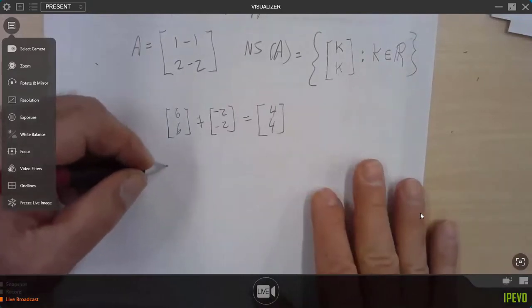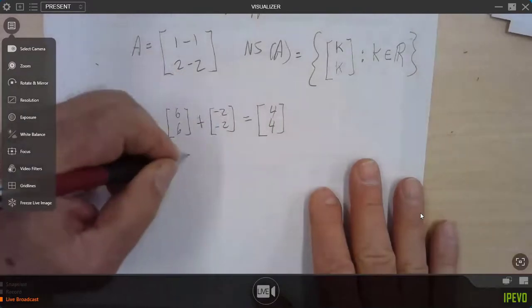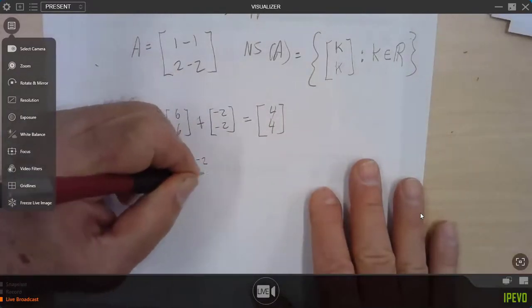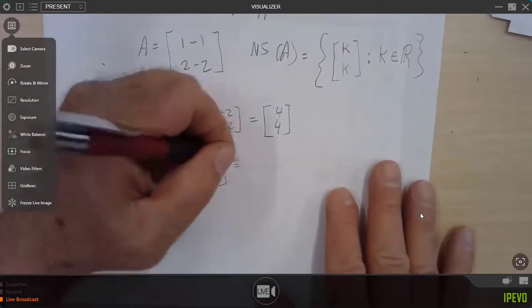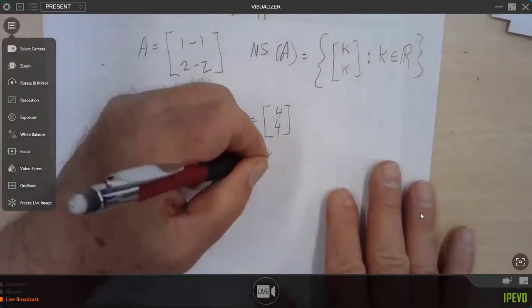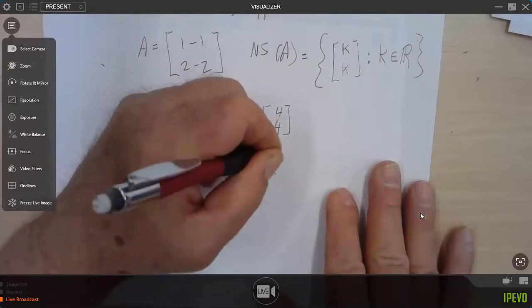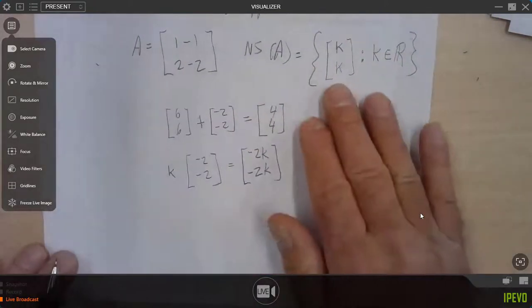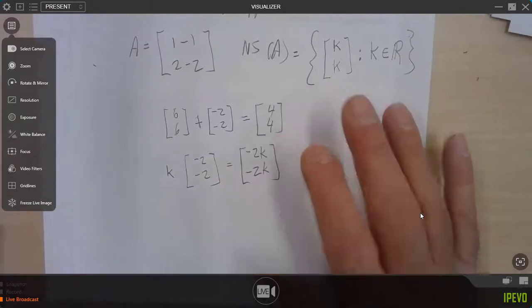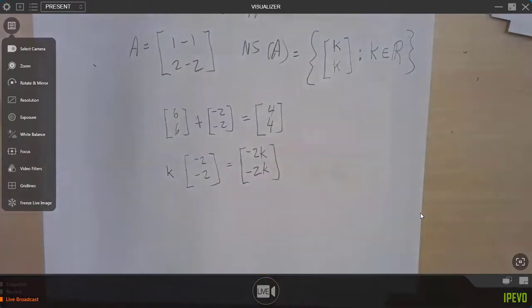Likewise, you take anything in this null space and multiply it by any scalar, and once again you get something that's back in the null space. So this is not just a set. Later on we're going to call it a subspace.